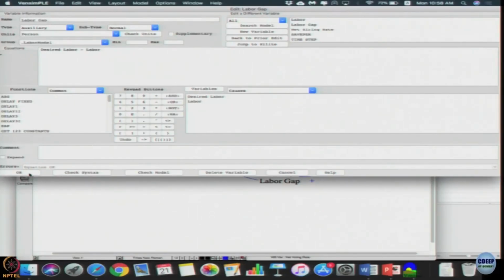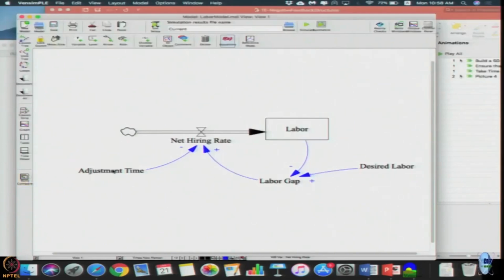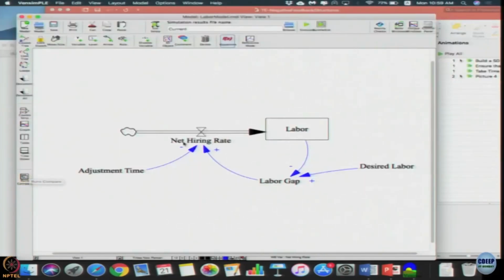Adjustment time, units month, equation 6, just a constant 6. Net hiring rate, units is person per month, labor gap by adjustment time.